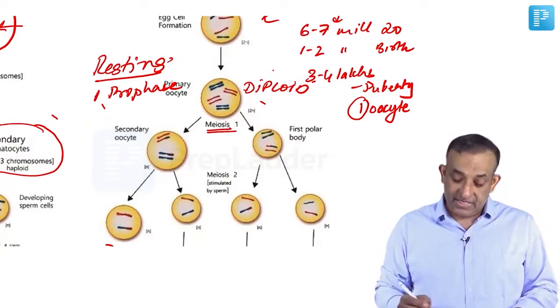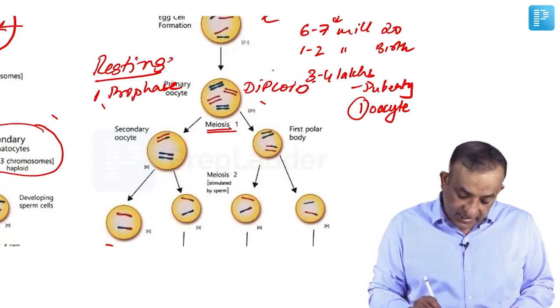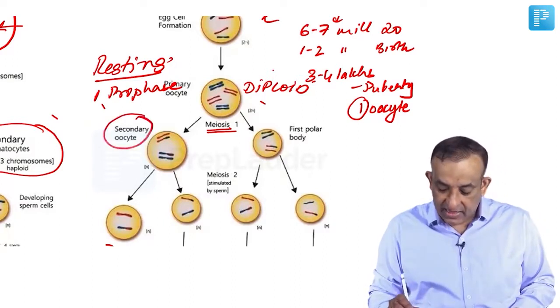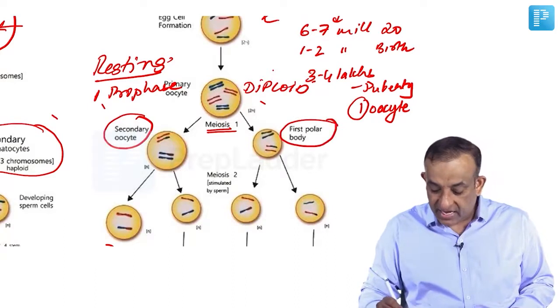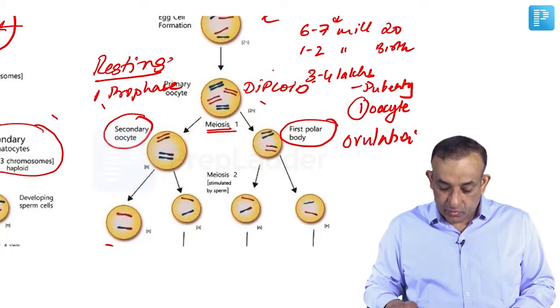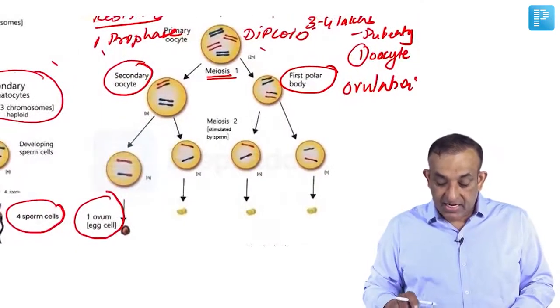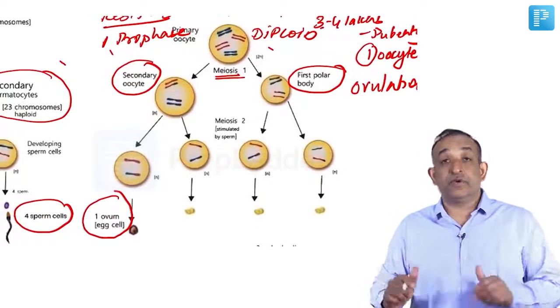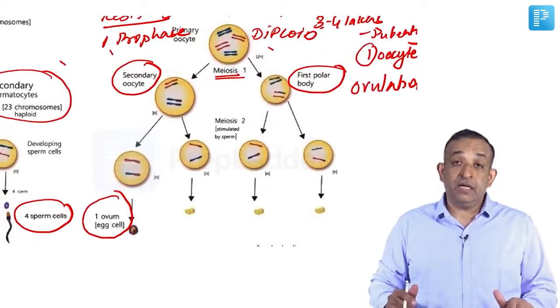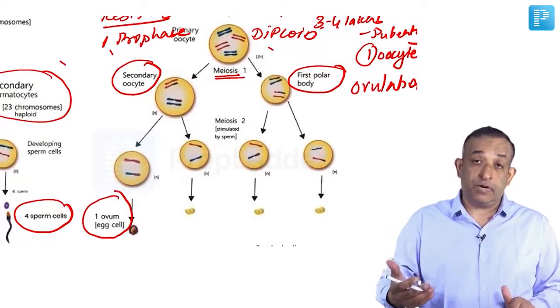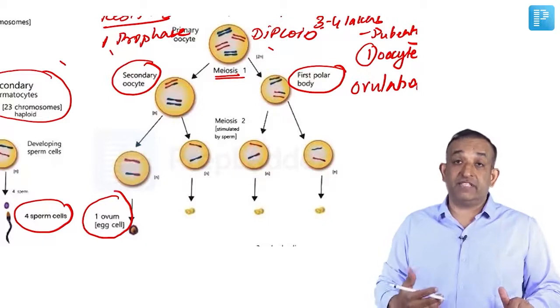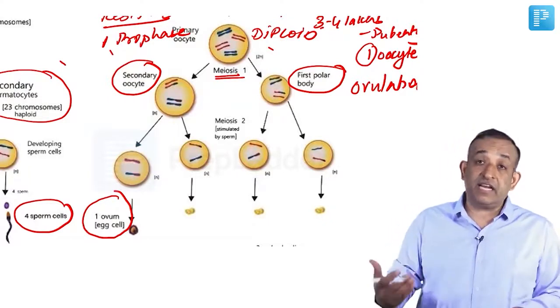So when she ovulates, this secondary oocyte is released and the first polar body is released at the time of ovulation. Okay, so when ovulation happens, there is resumption of the meiotic division and the first polar body is released. Now the oocyte which is released is in the second meiosis.